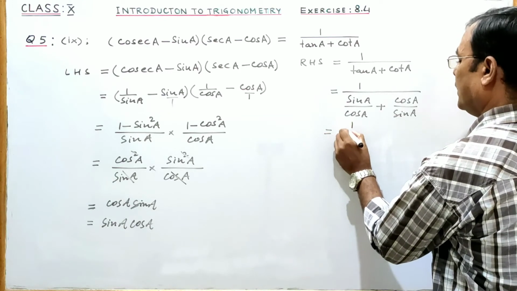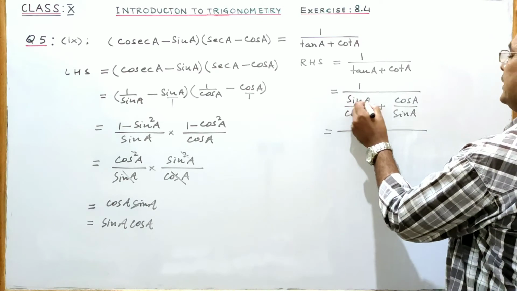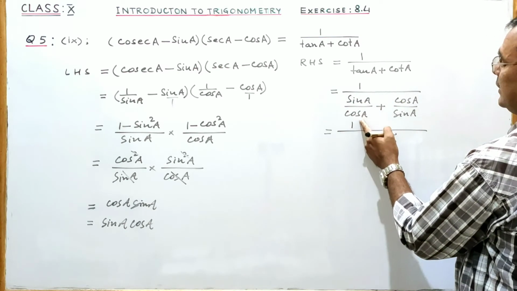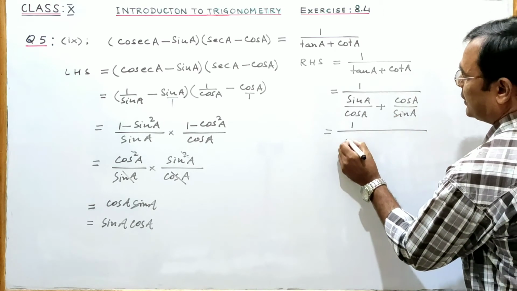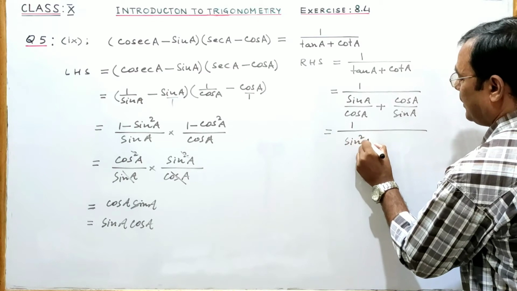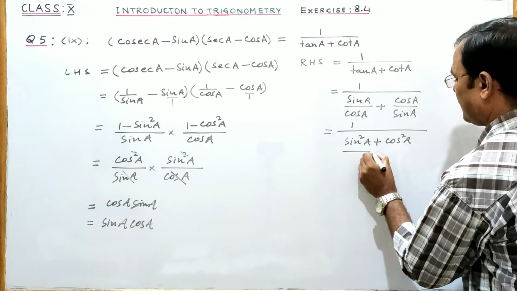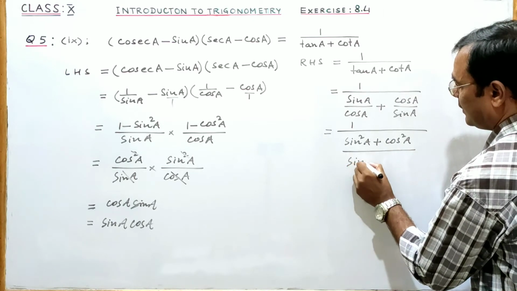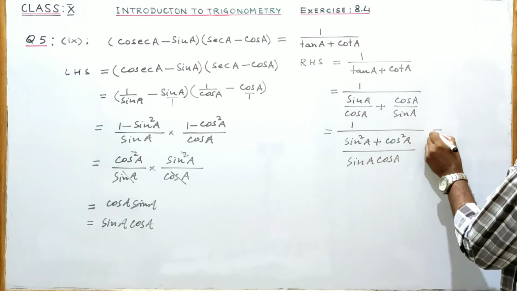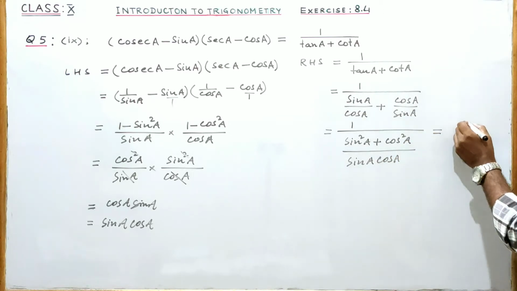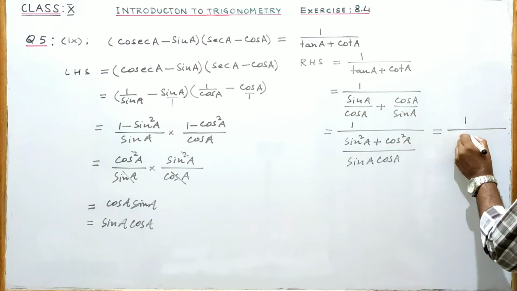This is equal to 1 by, simplify the denominator taking LCM, which is cos a into sin a or sin a into cos a. So sin square a plus cos square a by sin a into cos a, and this is equal to 1 by sin square a plus cos square a 1.